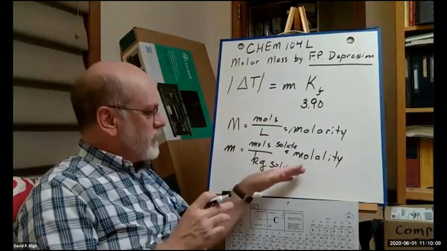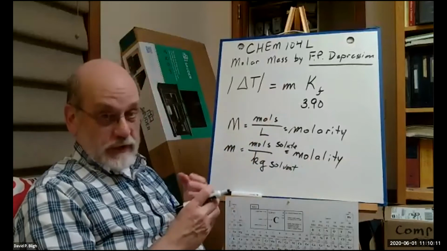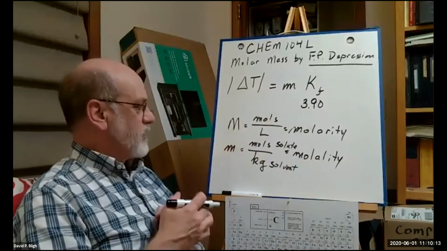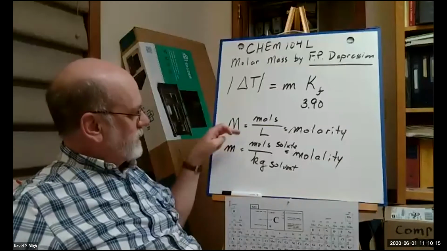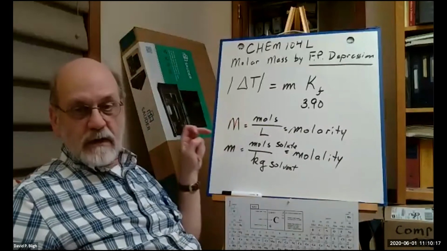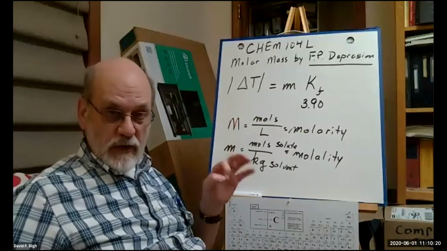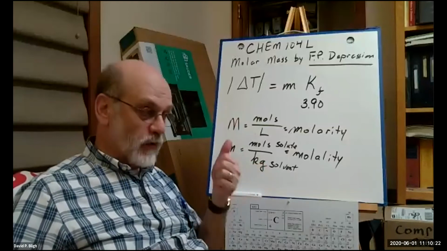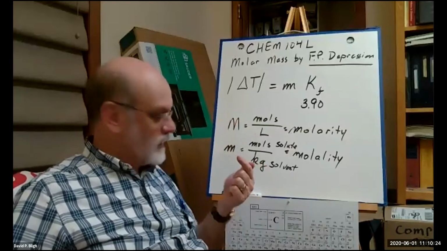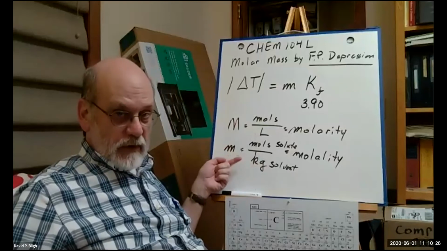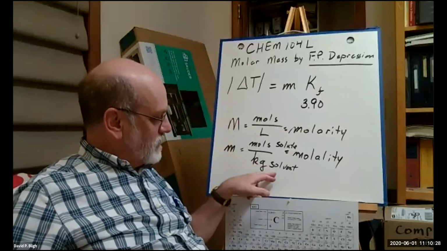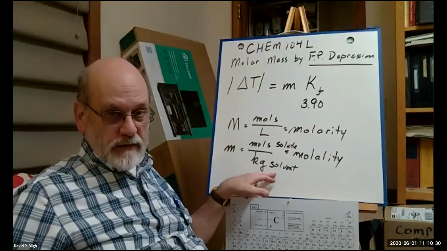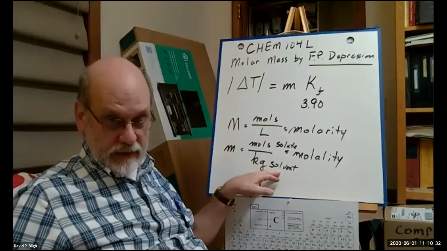So now we have the molality, and we have the units of measure, moles per kilogram. Notice the difference. This liter is the total volume of the solution. That includes both the solute and the solvent. But in molality, the denominator is in kilograms of solvent only.